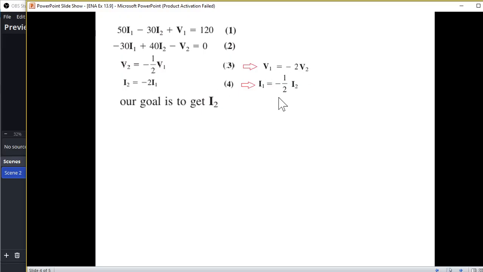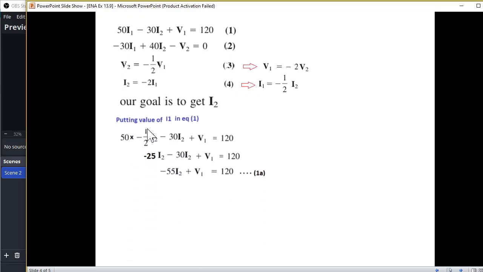We'll be using V1 and I1 in this. Let's first of all put the value of I1 in equation 1. Here we want to get rid of I1, so we'll put this in and get an equation in terms of I2 and V1. Putting in the value of I1 and then solving, we get equation number 1a.